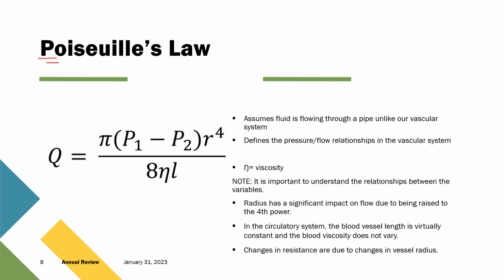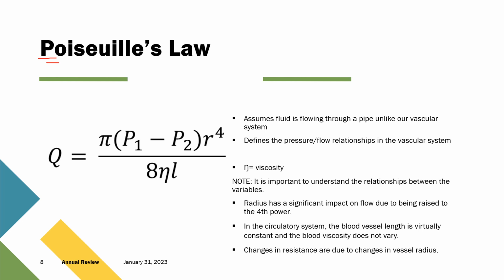So when it fits, you say, oh yeah, we follow Poiseuille's law. If it doesn't fit perfectly, say, well, we're off because they're pipes and we're not pipes. Okay. So Poiseuille's law assumes that fluid is flowing through a pipe-like structure, unlike our actual vascular system.